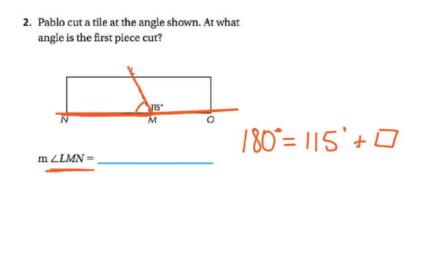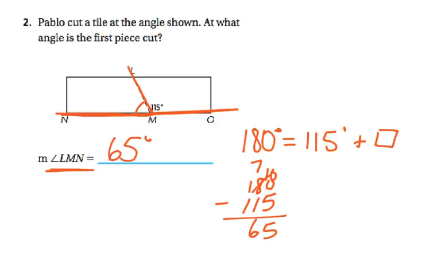To figure out our unknown angle measure, this time I am going to take the 180, which is the measure of a straight angle, and subtract from it 115. I can't subtract 0 from 5, so I turn my 8 into a 7, and now I have 10 minus 5, which is 5. 7 minus 1 is 6. So my mysterious angle measure is 65 degrees.